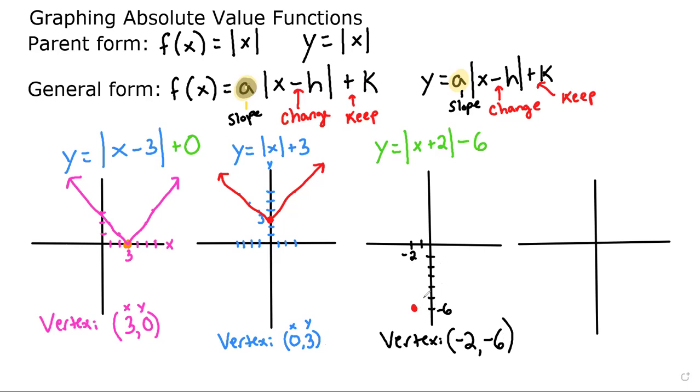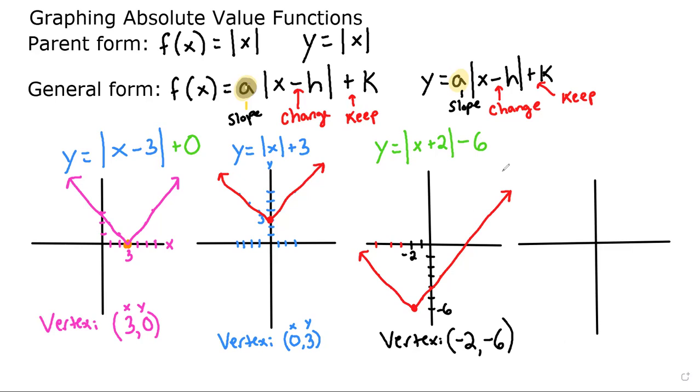And then I do my up one, right one, up one, right one, up one, right one, and then up one, left one, up one, left one, up one. I'm kind of generous, should be right there, there, and there. Okay, and then I draw all the way off the graph. And there you go.